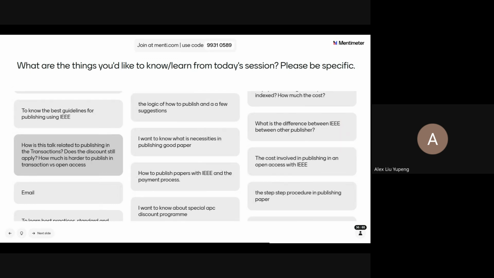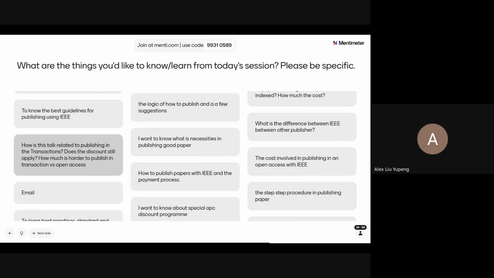I'm guessing what you are trying to ask is, how much harder is it to publish in traditional versus open access? There is no comparison in terms of how hard it is to publish. If you ask IEEE, especially the transactions, most of the transactions nowadays are all hybrid, which means you have a choice to publish traditional versus open access.